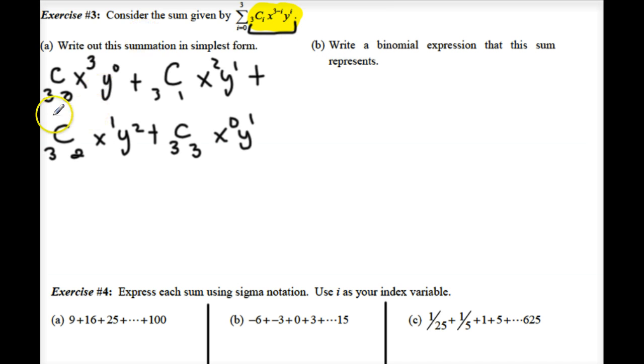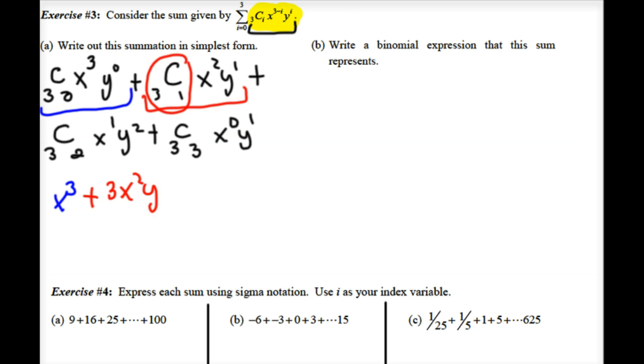Now that I want to simplify this, the first one we can do on the calculator. This becomes x to the third, that's this one right here. Second one, you can do this part of it in the calculator. You will get plus 3x squared y.